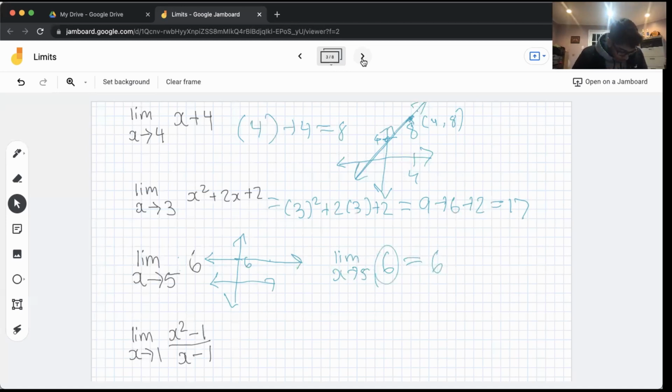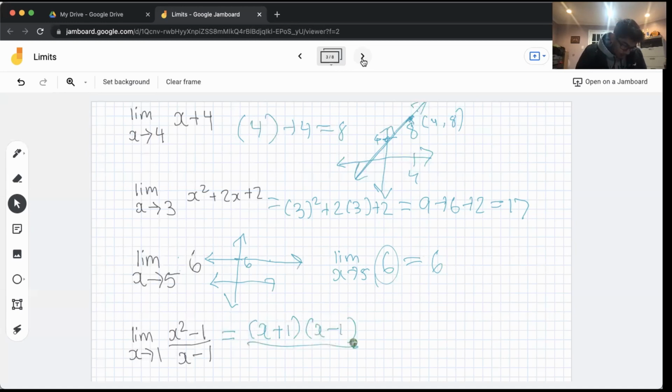For this last one, limit as x approaches 1 of the function x squared minus 1 over x minus 1. We can't plug in 1 because that will get us a denominator of 0, which means the function would be undefined. So what we're going to do is what I said in the previous slide, and that's to factor. We're going to factor this using one of our identities, a squared minus b squared, which factors out to x plus 1 times x minus 1.